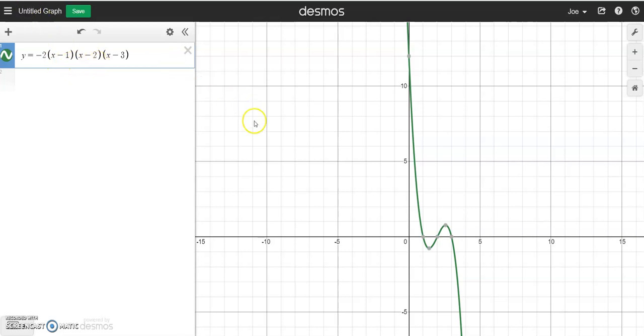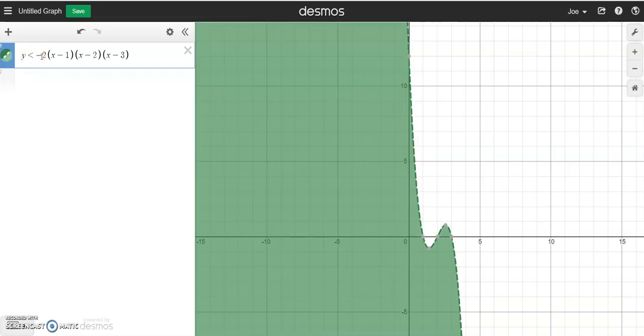The second part of our problem asks us to colour in the space below the trajectory between x is 1 and x is 3. If we change our function so that y is now less than or equal to our right hand side, we can see this highlights the whole region below our function.